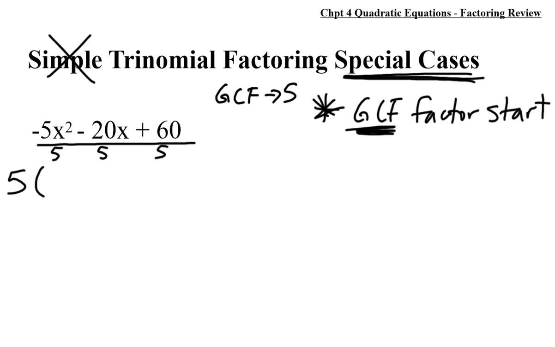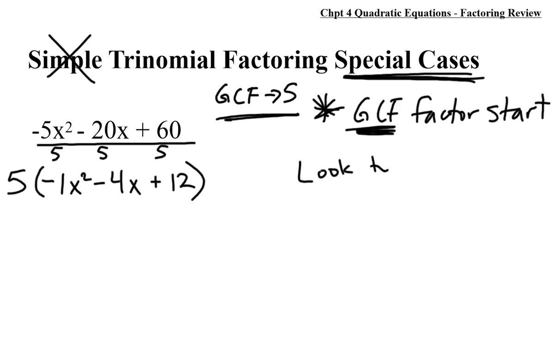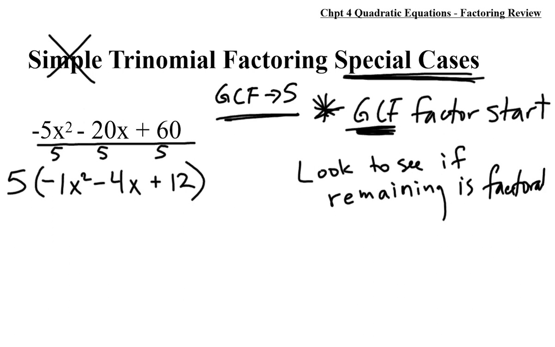What does that leave me with? Negative 1x squared, negative 4x plus 12. Now, whenever we do GCF, once that's done, look to see if the remaining is factorable. So in this case, after we've taken out the GCF, well, x squared, x, and a constant.